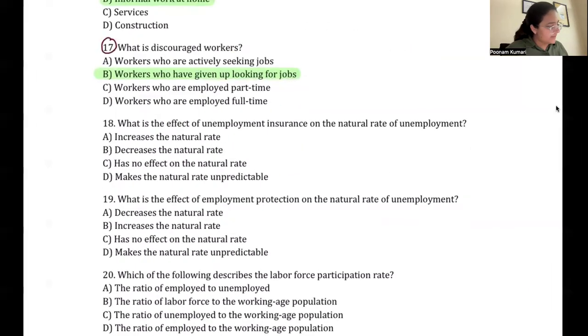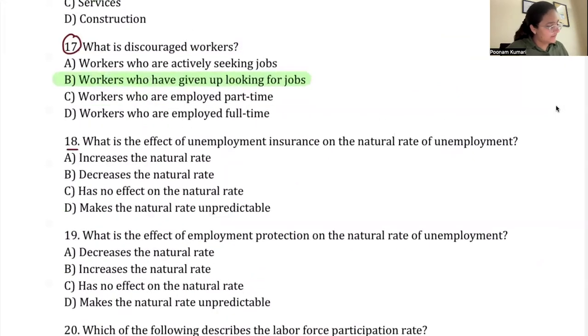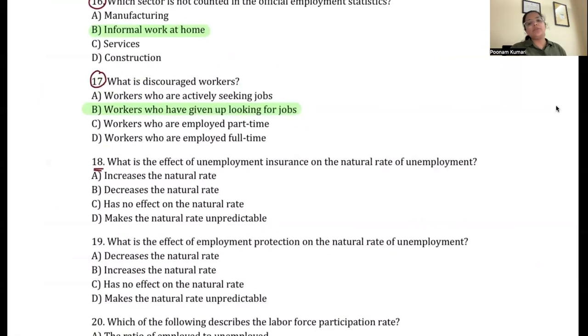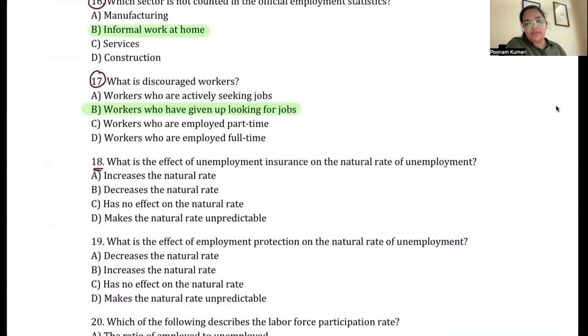Now, question number 18. Decreases the natural output. What is the effect of unemployment insurance on the natural rate of unemployment? Unemployment insurance is like an unemployment benefit, right? Yes, ma'am. So does it cause any change in price setting? No, ma'am.